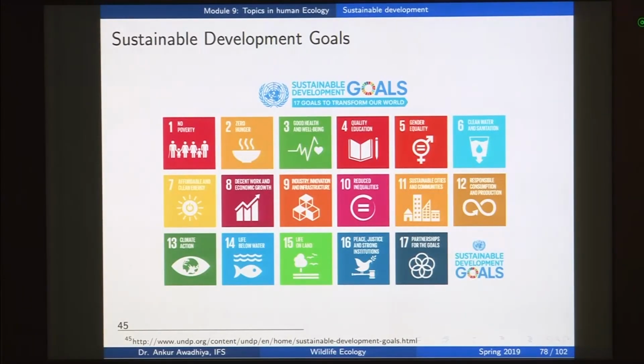So, these are the 17 sustainable development goals that we have come up with as a global community.